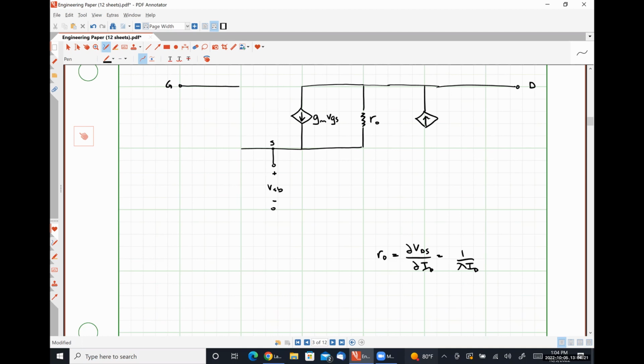My body effect transconductance, notice that the direction is different, is gmb VSB, like so, where this is my body terminal. Then I have gate source voltage up here.